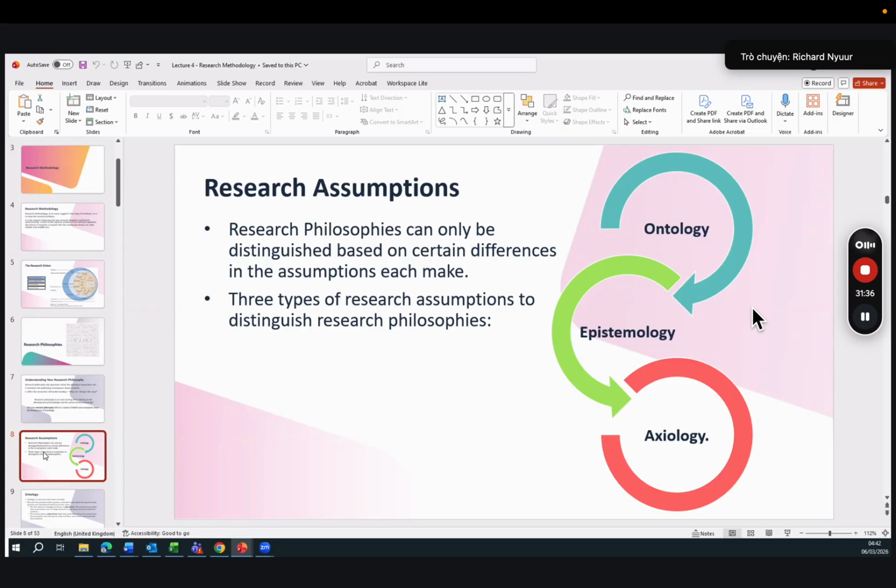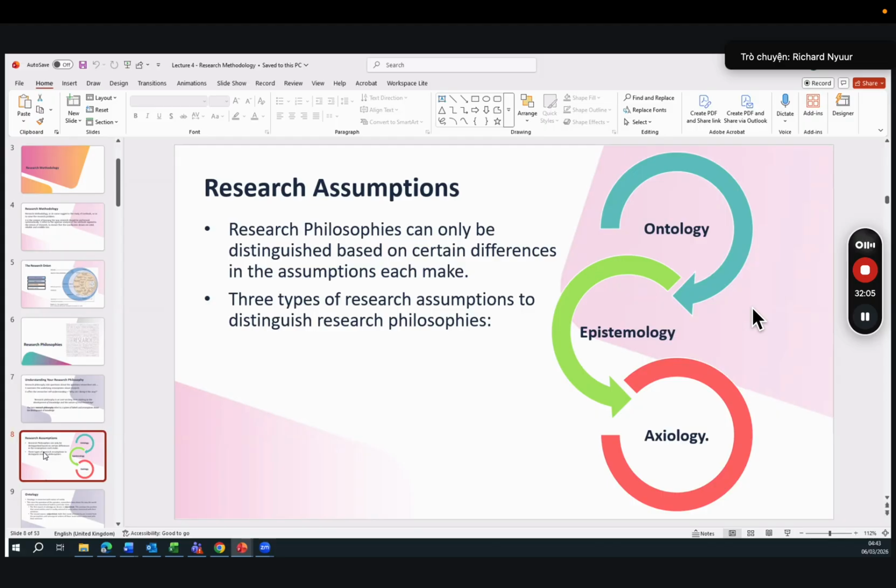So it helps them to decide whether going quantitative approach, mixed method, or qualitative approach is the best way to generate the right amount of knowledge, to generate knowledge that is valuable, that is credible.